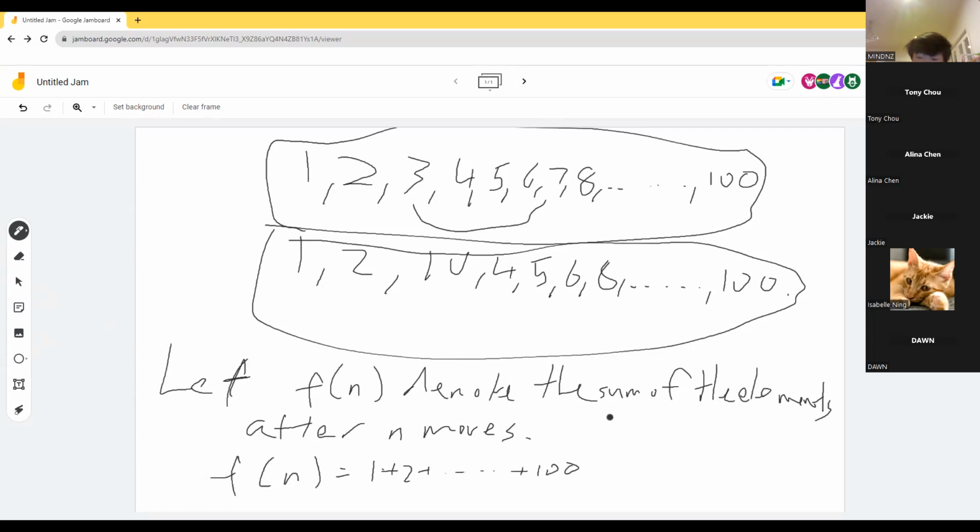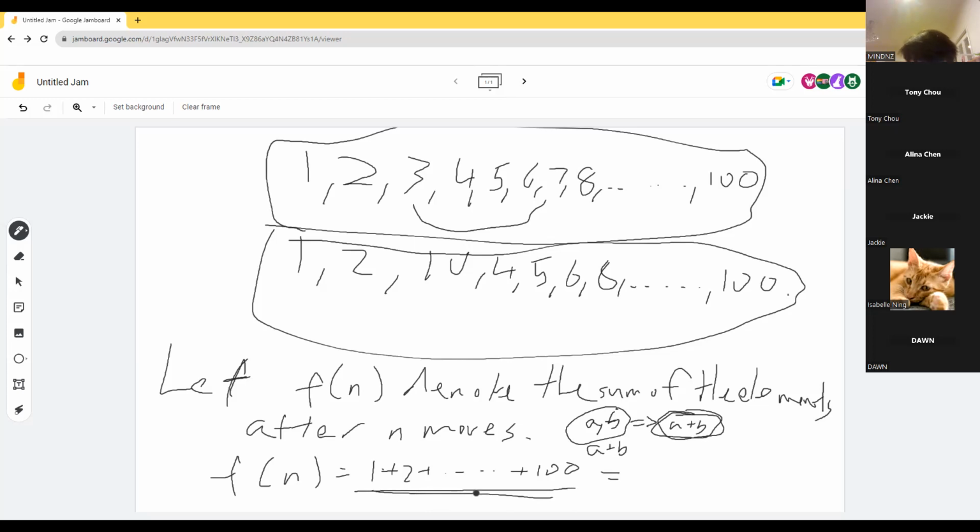up to 100, right? Because after we select A and B and turn it into A plus B, the sum of the elements on the left is A plus B, which is the sum of the element on the right. Therefore, it's always equal to this. And if you guys don't know how to sum consecutive numbers, then that's an issue.